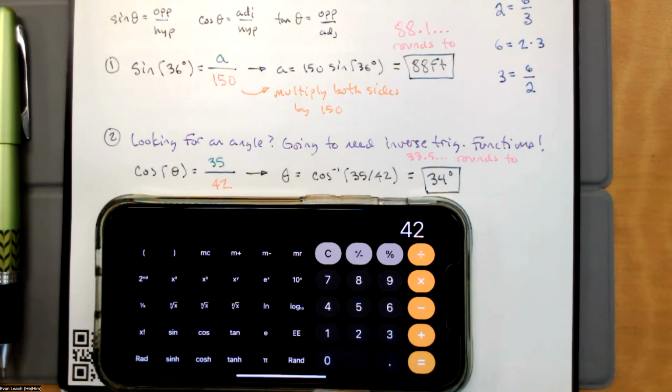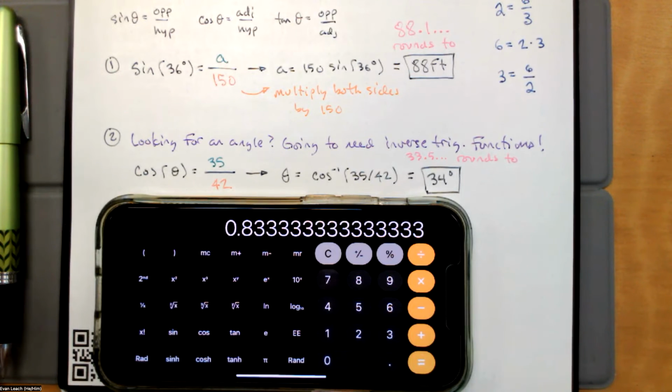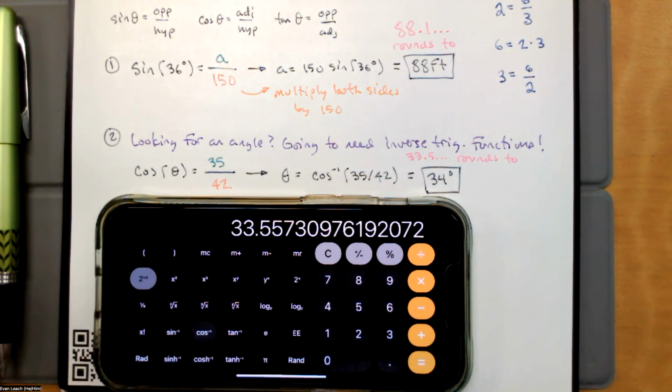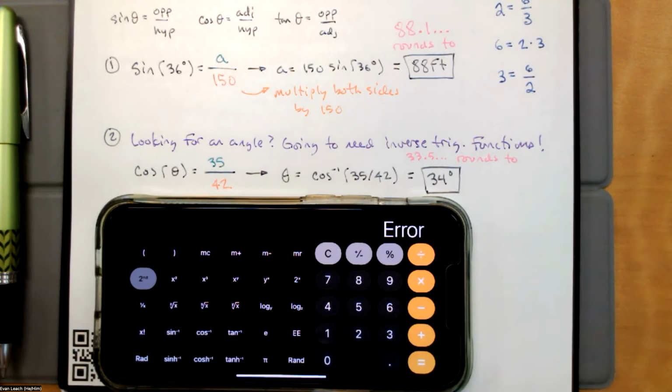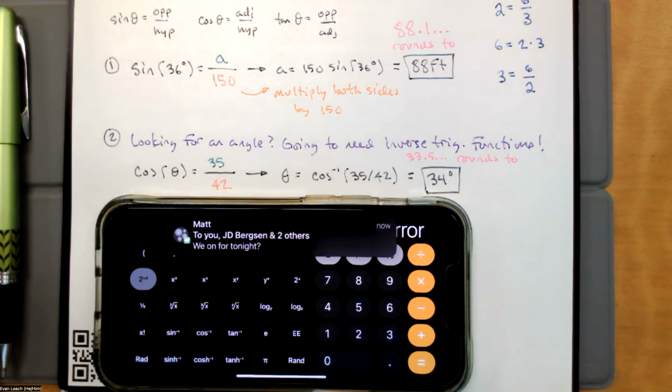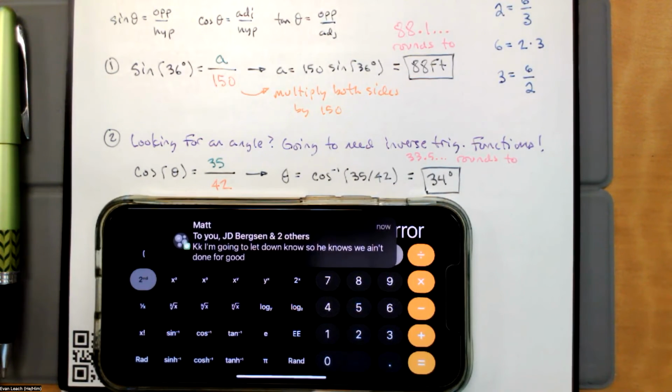But if I press equals, then the calculator tells me what 35 over 42 is, and I want the cosine inverse of this number. So now I can press cosine inverse, and I don't have to hit the equal sign. Just remember that on your phone calculator, the trig functions take the sine, cosine, tangent, or their inverses of whatever happens to be on the screen at the time. If we try it early, 35 divided by 42 cosine inverse, the calculator gives an error.